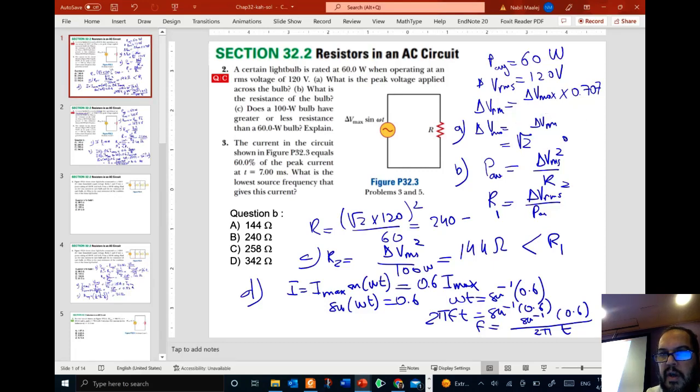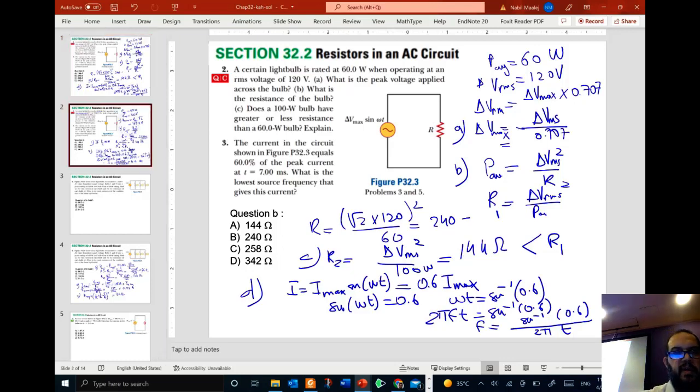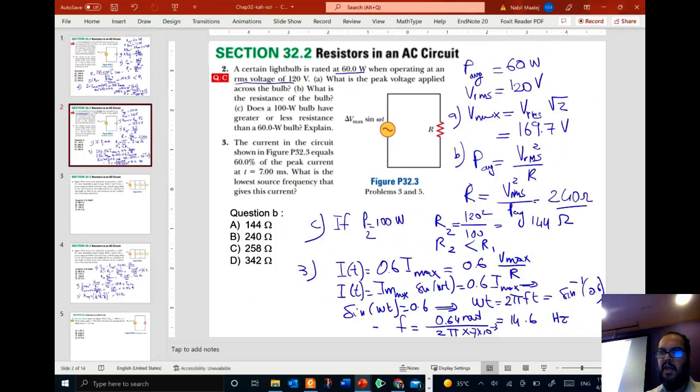We're trying to determine the peak voltage, so delta V max is delta V RMS divided by 0.707. So you find that this will be 169.7 volts.